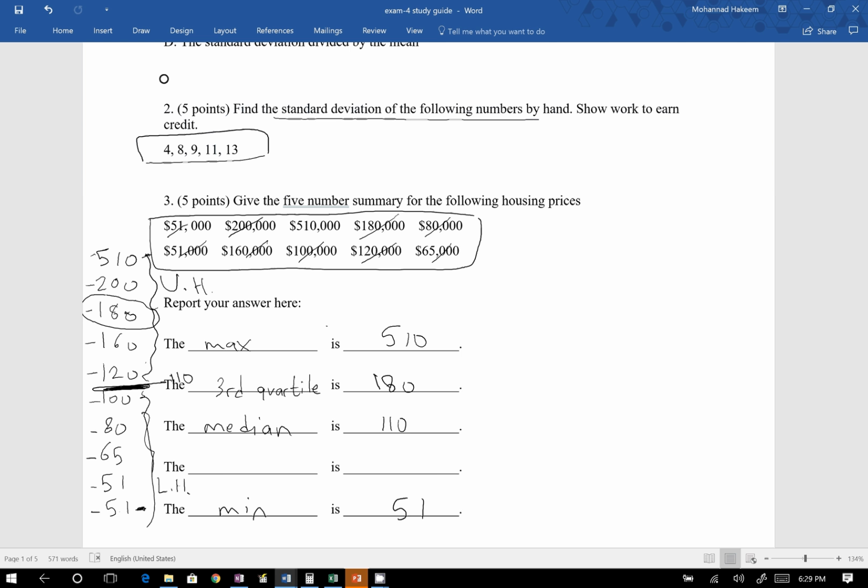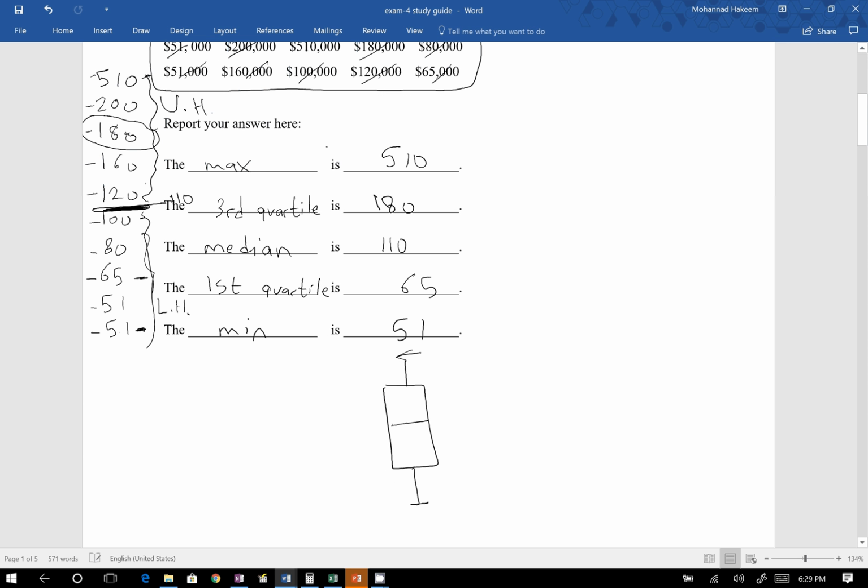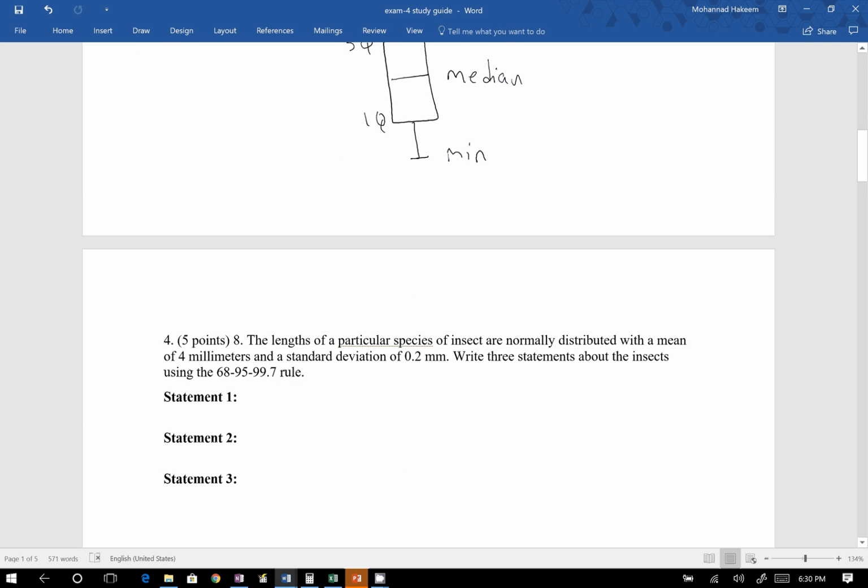And then 65, which is here, will be the first quartile. So this is basically my 5-number summary. I can also draw it like this. This is the max, this is the min, this is the median, this is third quartile, and this is the first quartile. We'll move on.